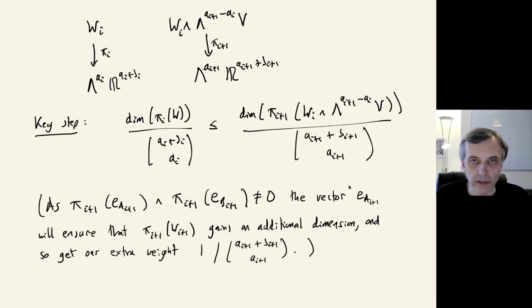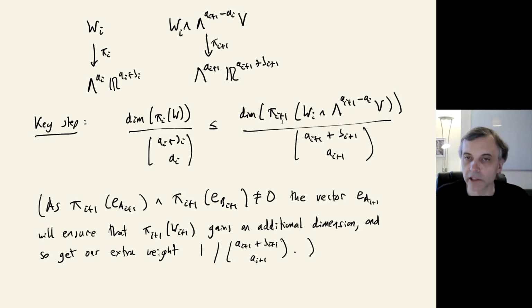Right. So again, I'm not going to give you too much detail, but I'll just say the key step is looking at what happens to the projections of the W. So if I look at π of W_i divided by, so there's the fraction of dimension we get for the projection of W_i.